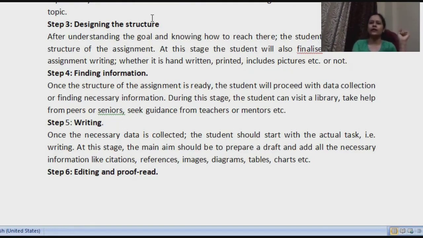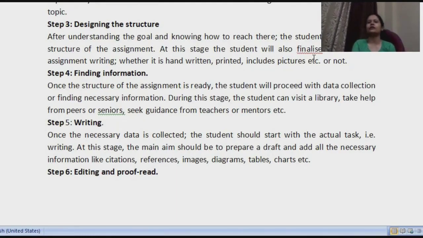What you can do is prepare a structure of the assignment. You can decide that I will write one small intro, I will write on what is assignment writing, then I will write the steps, and then finally I will put a conclusion and end the study. That means you prepare a skeleton of the assignment.